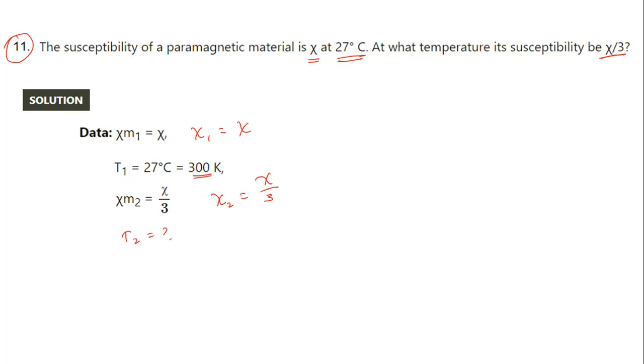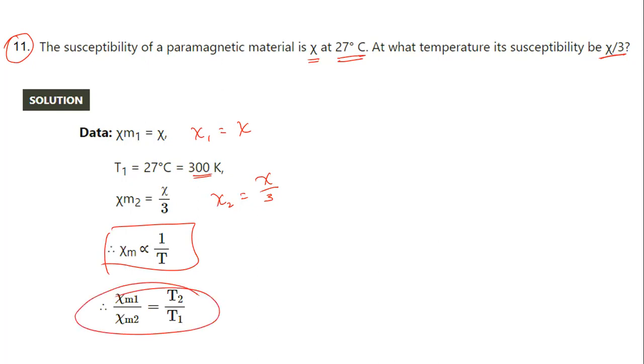We use the relation between susceptibility and temperature: susceptibility is inversely proportional to temperature. So susceptibility 1 divided by susceptibility 2 is equal to temperature 2 by temperature 1, because of the inverse relation. Now let me substitute the values.